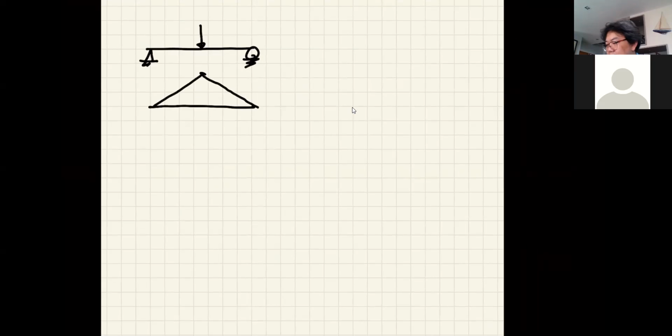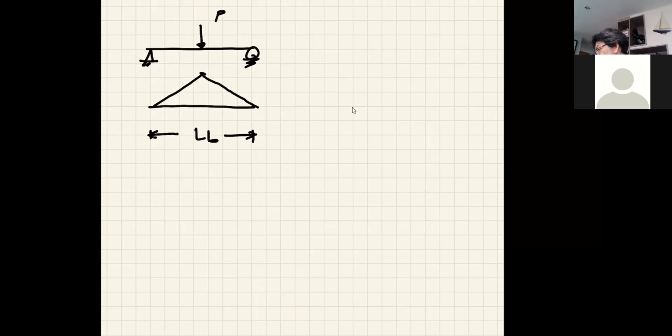All right, and if I don't have any braces, it means that this is my LB. Okay, and let's say this point load is in the middle, and I know that the maximum value, point load in the middle, the moment is PL over 4.